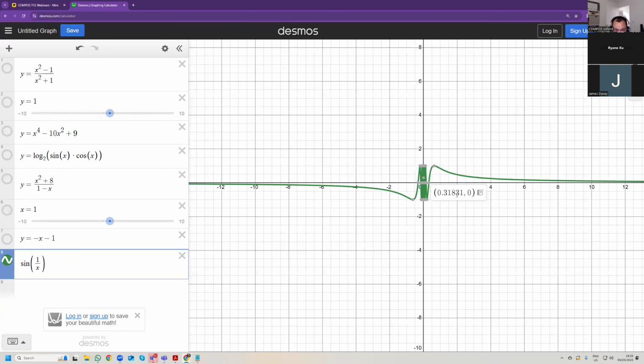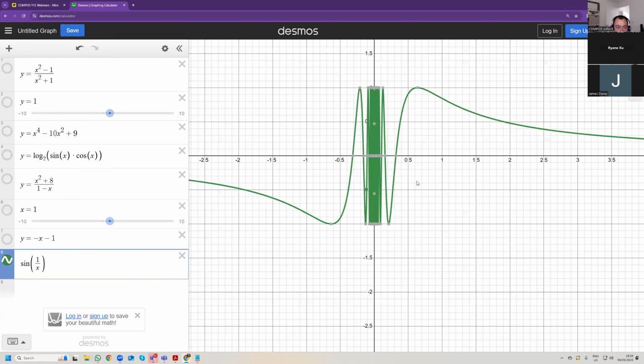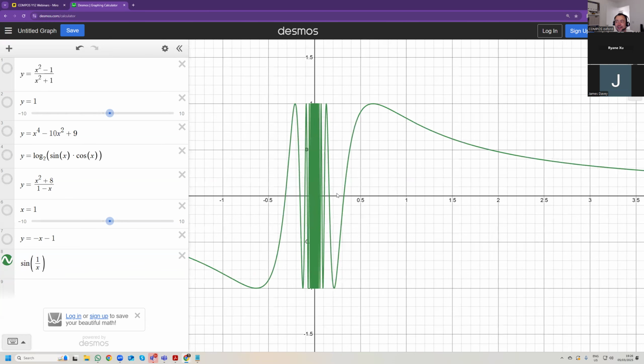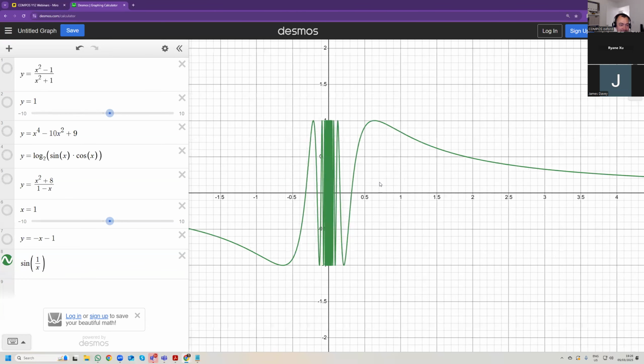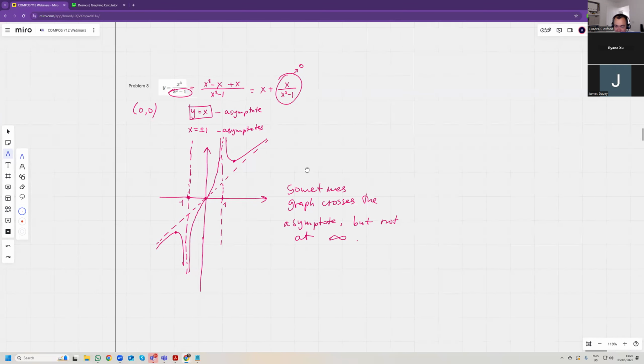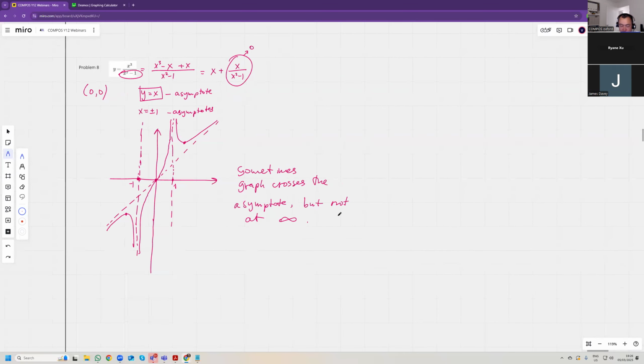It crosses it infinitely many times. Okay. Now, you could have a horizontal asymptote, and the graph goes like this. It crosses it again, and then approaches it at infinity. All right.